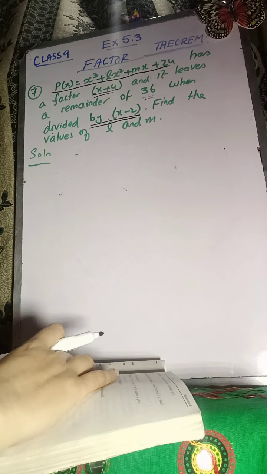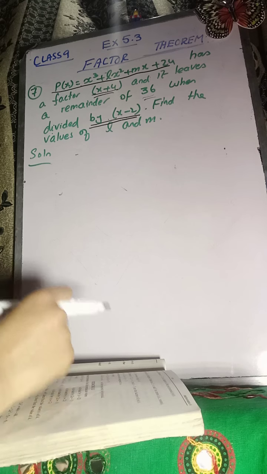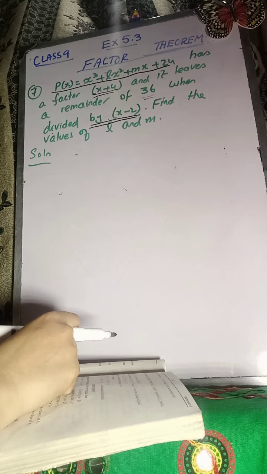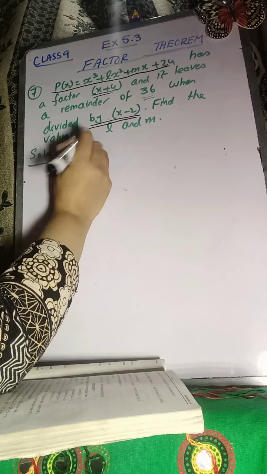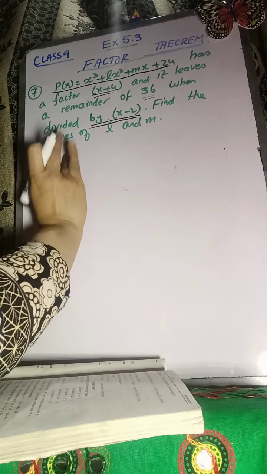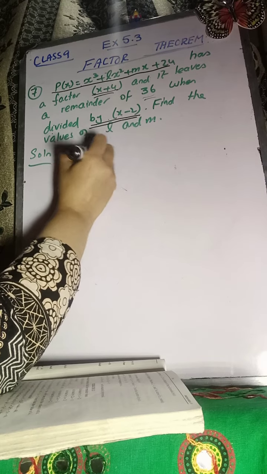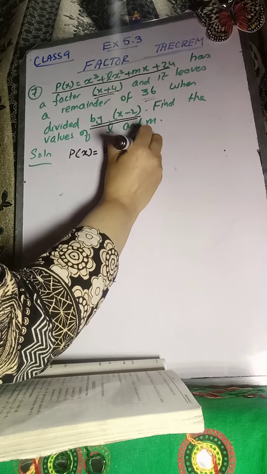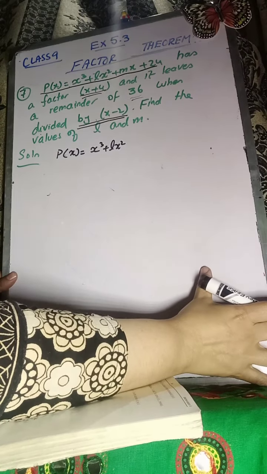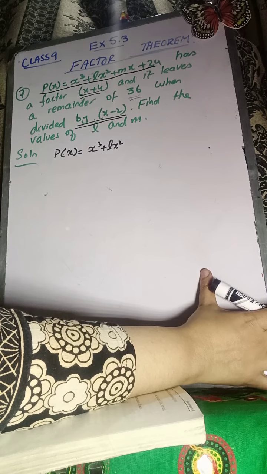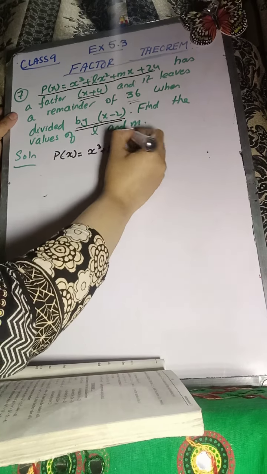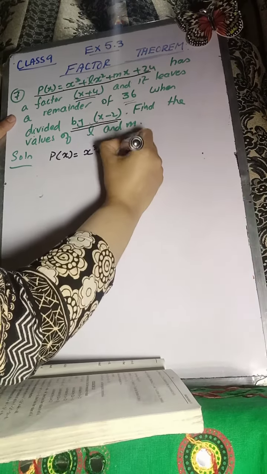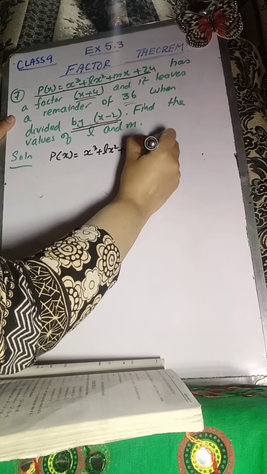For L and M we need two equations, because whenever we have two unknowns, we need at least two equations to find their values. So we are given the polynomial. The first case is that P of x is equal to x cube plus L x square plus mx plus 24.